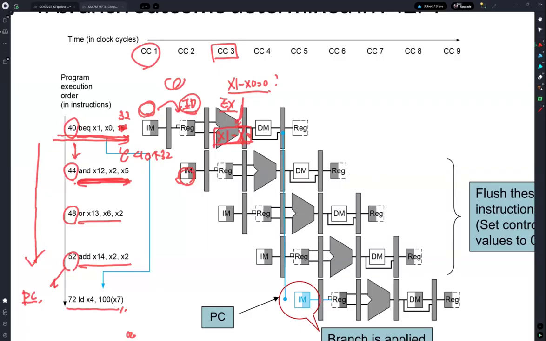So when the branch instruction is in the execution stage, the add is in the ID stage, and the next instruction is in the instruction fetch stage.